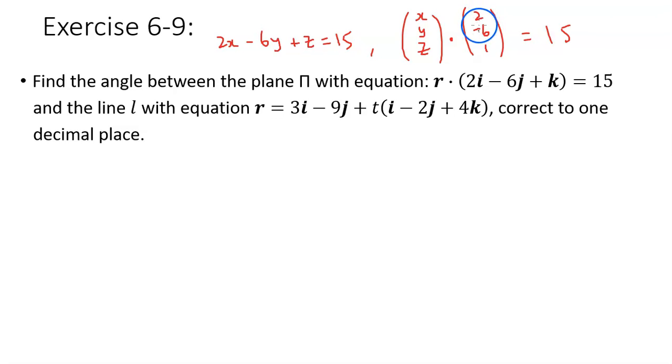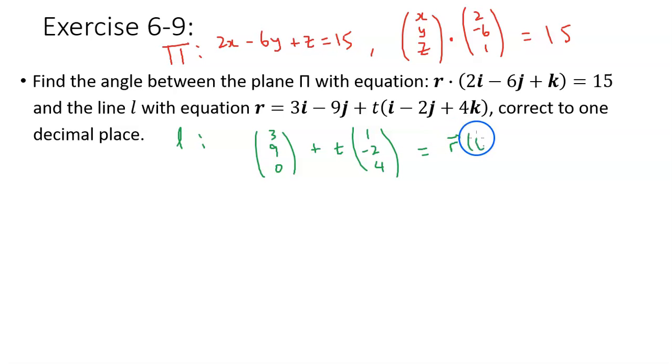So the normal vector of this plane is (2, -6, 1), or any multiple of that. So that's the plane pi. And then as for the line L, we have (3, 9, 0), there's no k component of the initial vector, plus t times (1, -2, 4). So the direction vector of our line is (1, -2, 4).